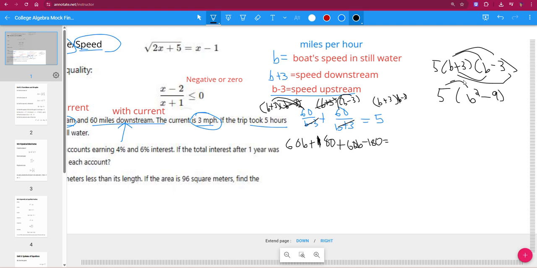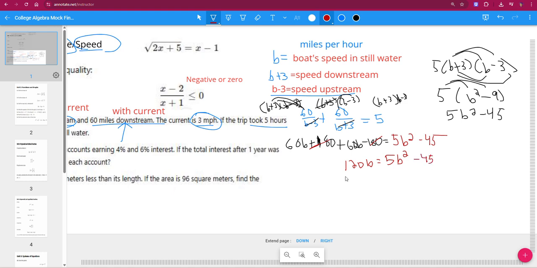So if I distribute this guy here, that gives me 5B squared minus 45. Okay, so here the 180s are going to add out, and I have 120B equals 5B squared minus 45.